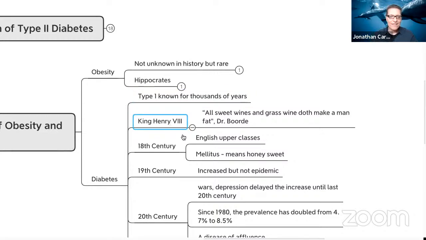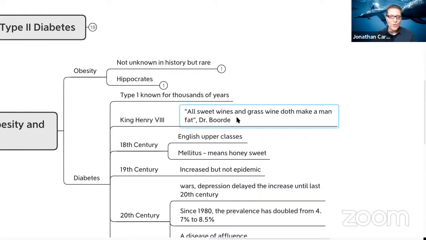King Henry VIII's doctor said, "All sweet wines and grass wine doth make a man fat." And then we move into the 18th century, and diabetes was basically only seen in the upper classes. It was known as a disease of affluence, type 2 diabetes, that is.